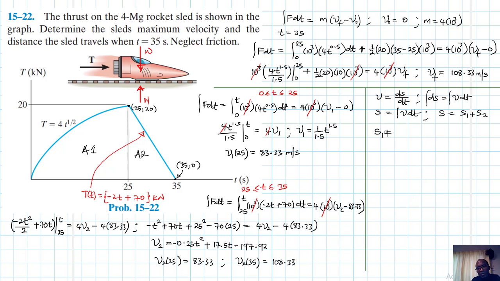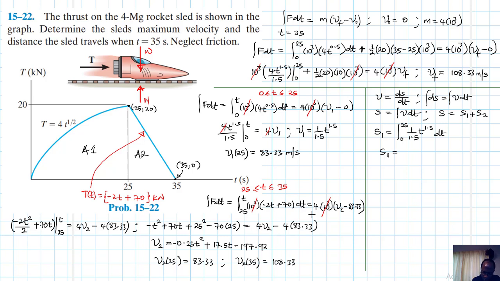So s1 here is just going to be equal to the integral from 0 to 25 of v, and our v here is 1 divided by 1.5 t to the power 1.5 dt.